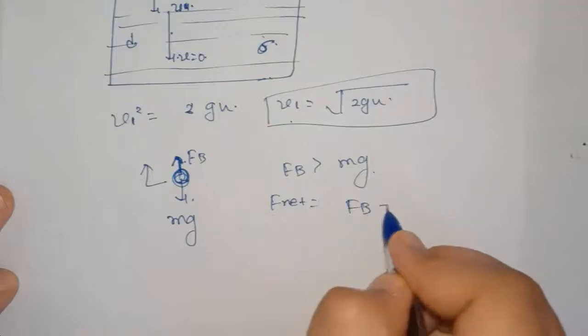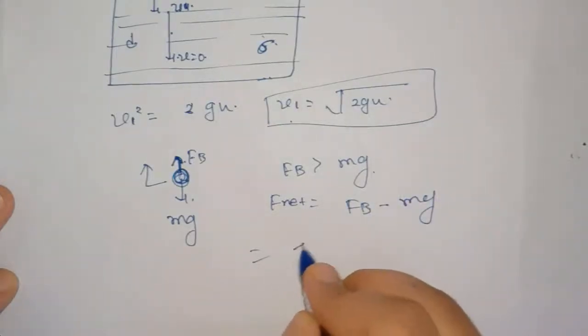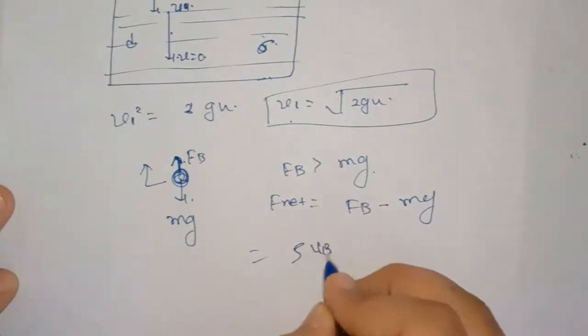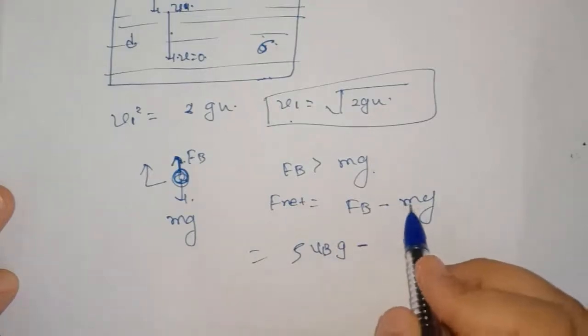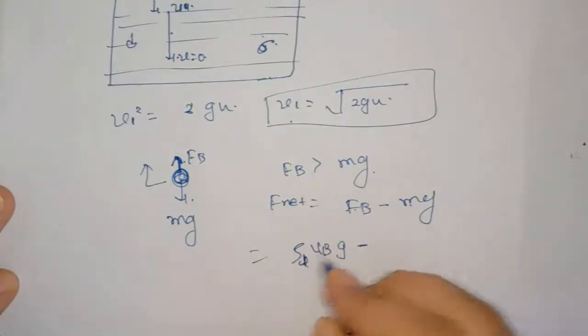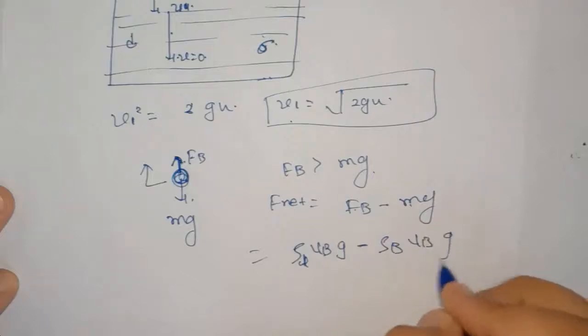upthrust minus mg, that is equal to density of liquid into volume of body Vb into g minus density of body into Vb into g.